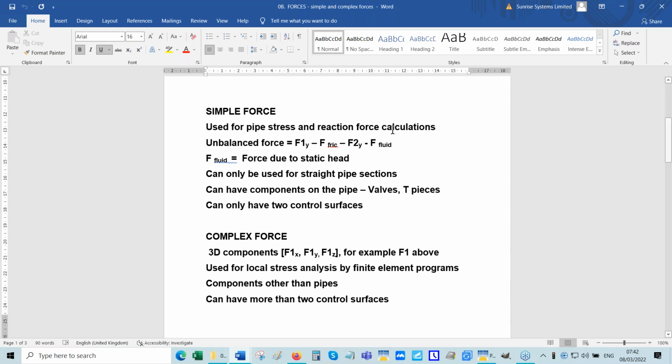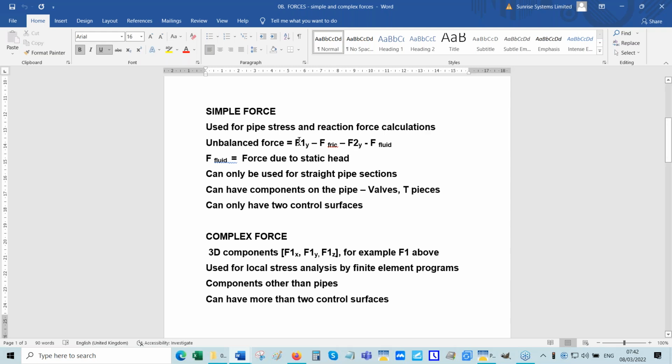PIPENET only calculates the force that the fluid exerts on the pipe. Sometimes this force can be very big, because there is an external force from a pipe support or anchor which is actually compensating for that. PIPENET cannot consider that because that is outside the pipe. It has nothing to do with the fluid force. We are only considering the fluid force.